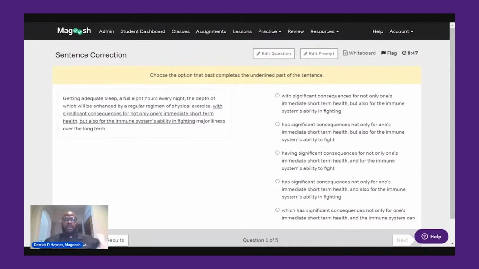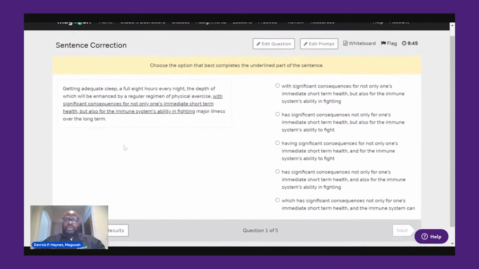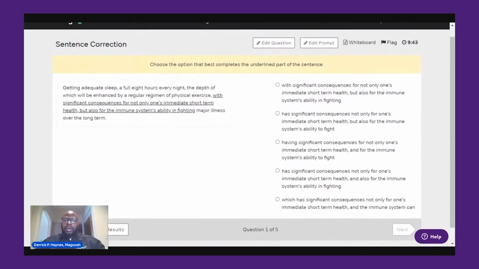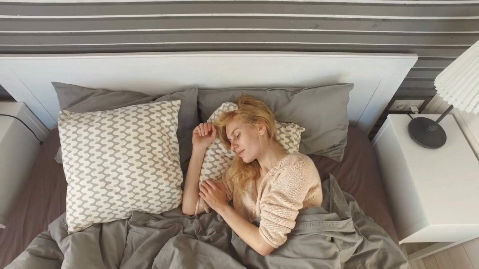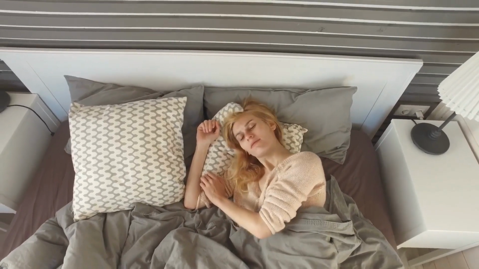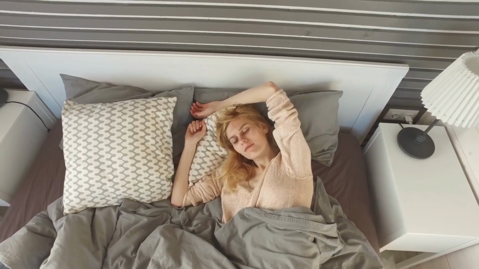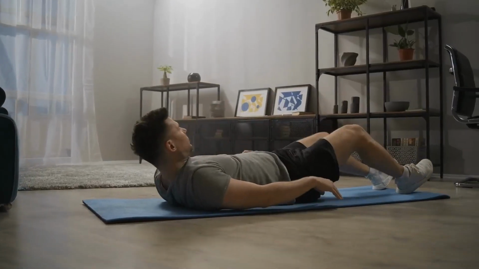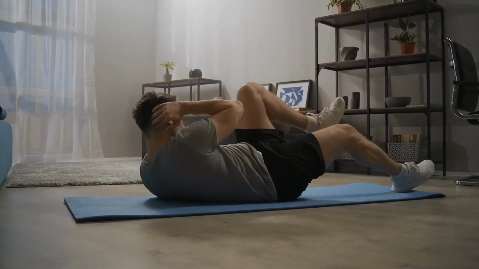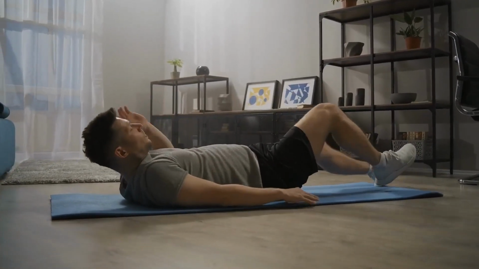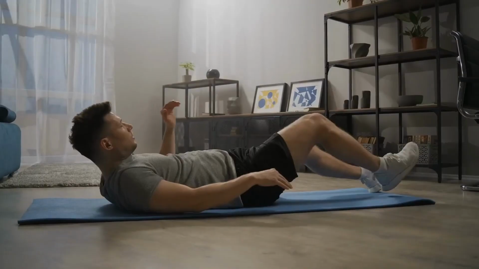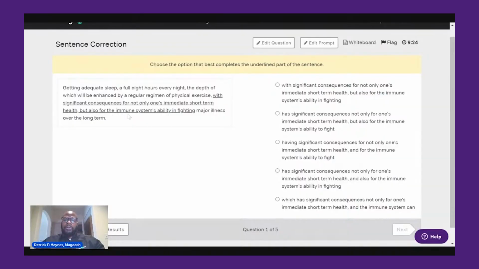So if we were using this as an example, sentence correction: getting adequate sleep, a full 8 hours every night, the depth of which will be enhanced by a regular regimen of physical exercises, with significant consequences for not only one's immediate short-term health, but also for the immune system's ability in fighting major illnesses over time, right?